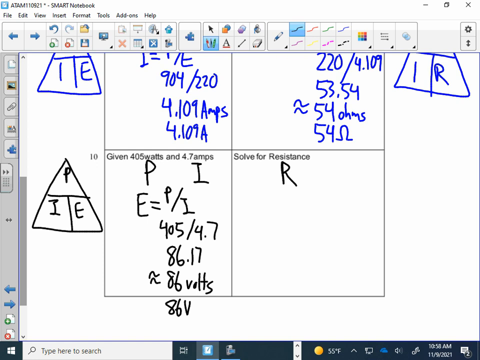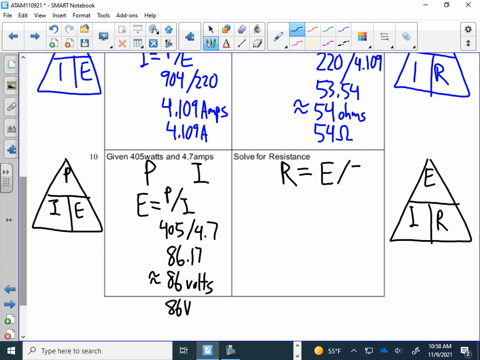All right, coming over to R. What triangle has R in it? The EIR triangle. So if I'm looking for R, R equals E divided by I. I've got E now because I just calculated it. 86 divided by I, current, 4.7.